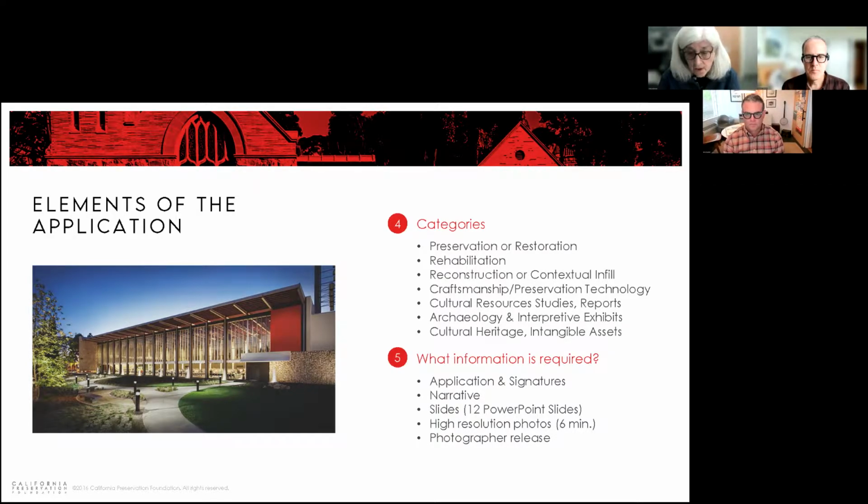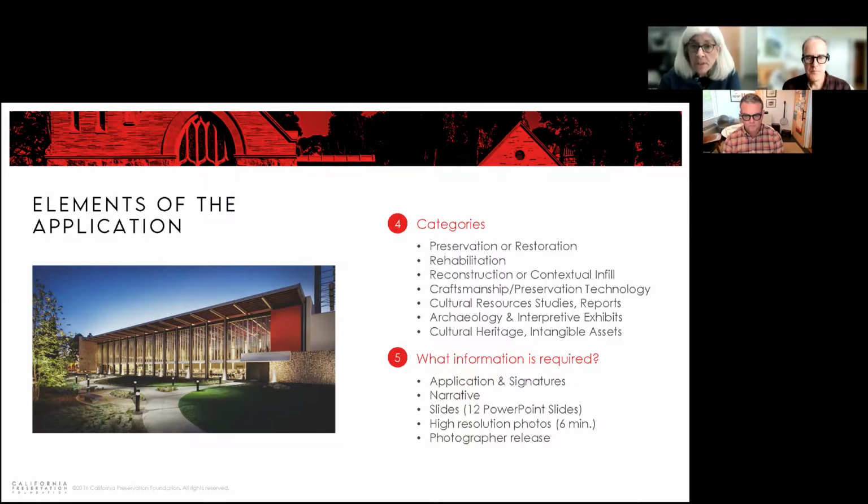And the new one is cultural heritage or intangible assets. That is a new category. So we encourage you, if you're considering entering in any of these categories, to look at the definition of these categories on our website. What information is needed?